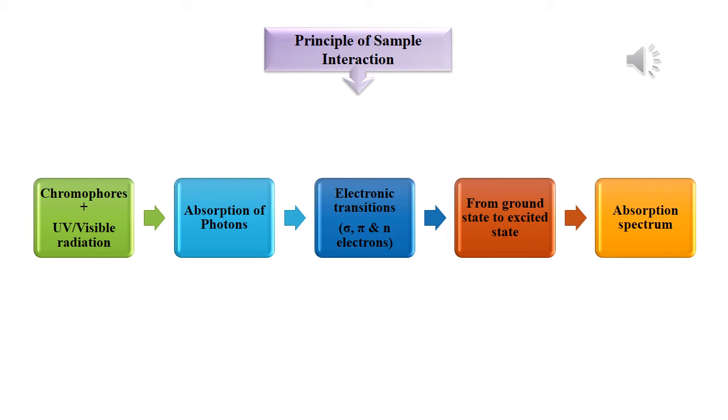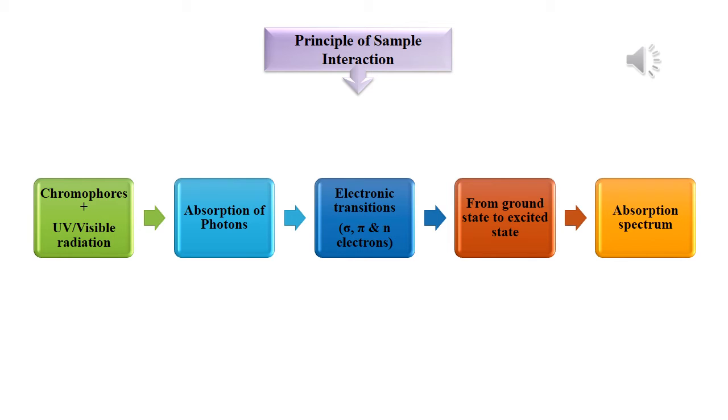After passing it, what type of interaction takes place between sample and radiation? So chromophores present in the sample will react with UV or visible radiation, thereby absorption of photons by the chromophores occurs.